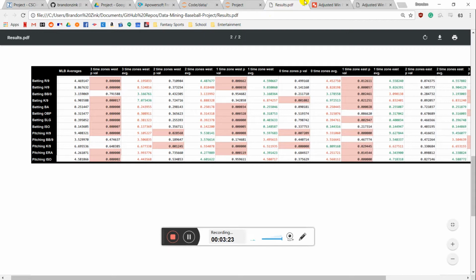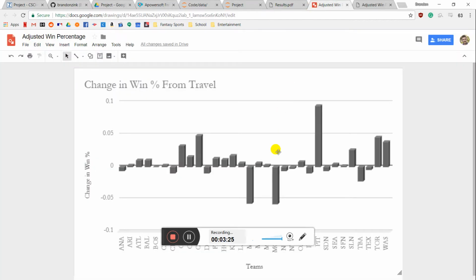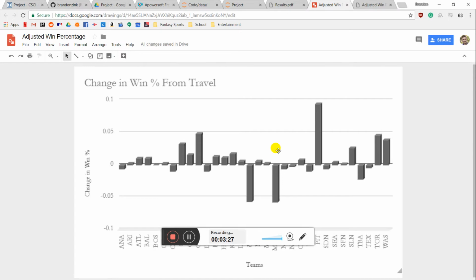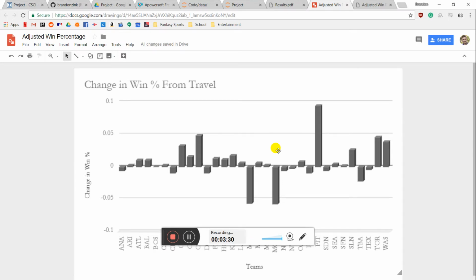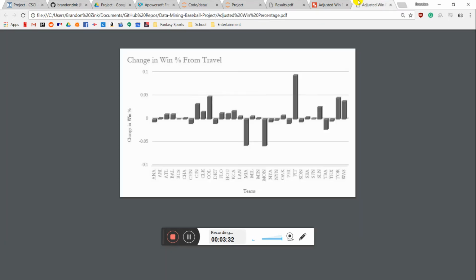So we then decided after that to look at the actual percentage difference. It's called the Pythagorean winning percentage formula, which takes the runs scored and runs allowed and computes how many games they should expect to win versus how many they actually do. And so this was the change if you adjust the actual runs scored and allowed for the amount of travel they incurred.